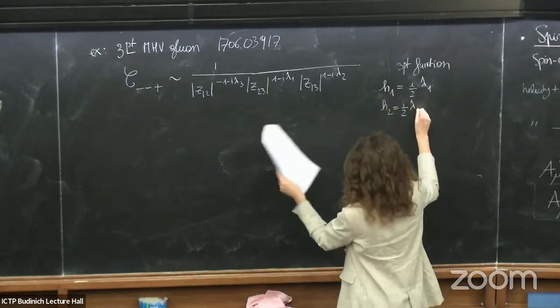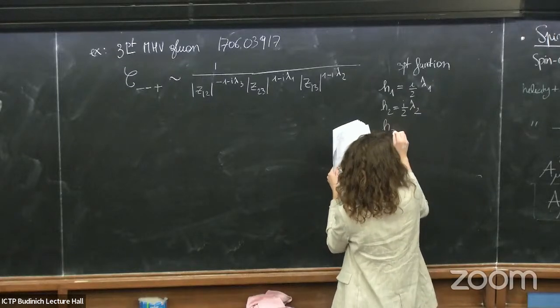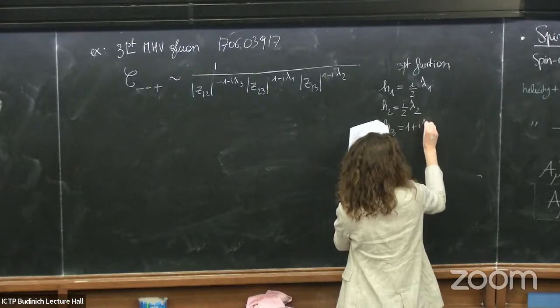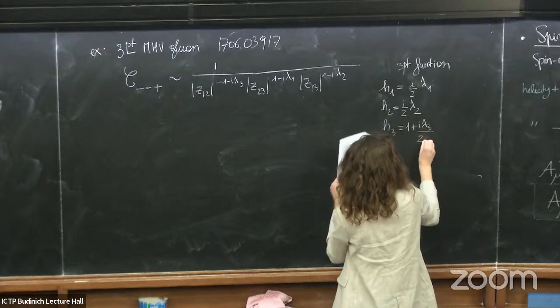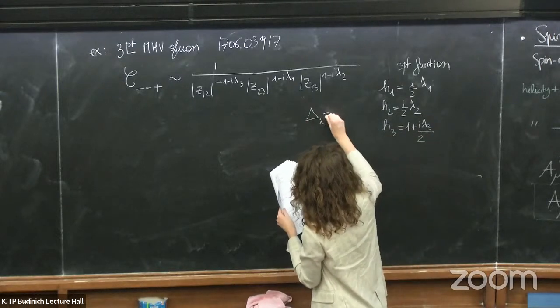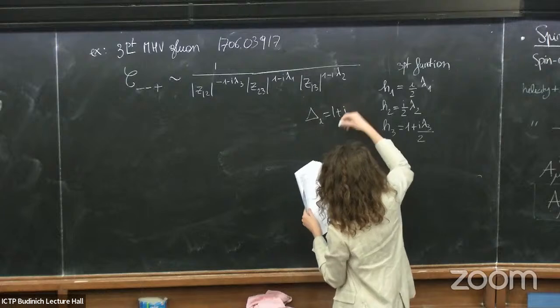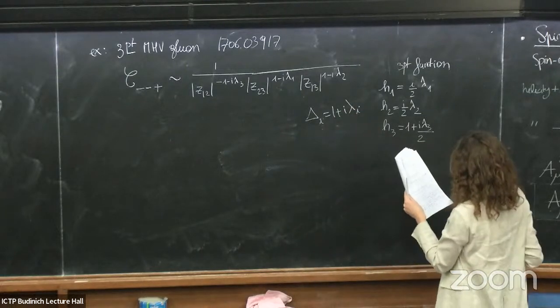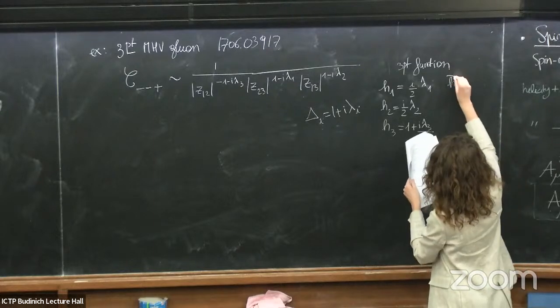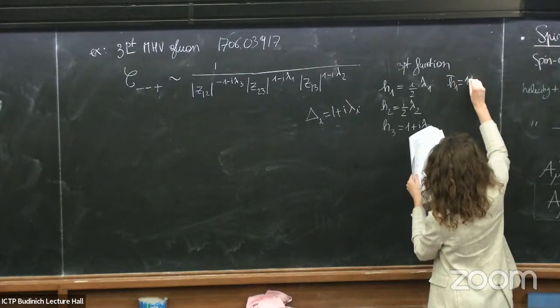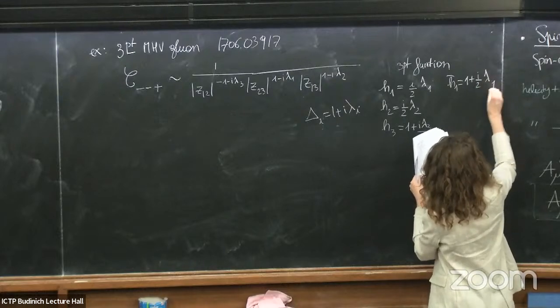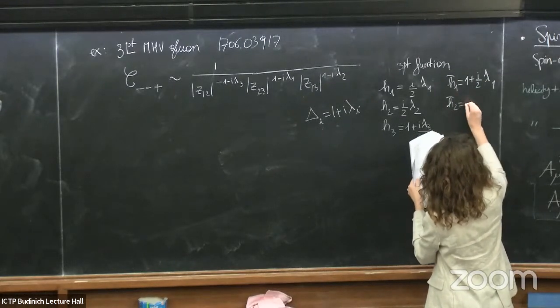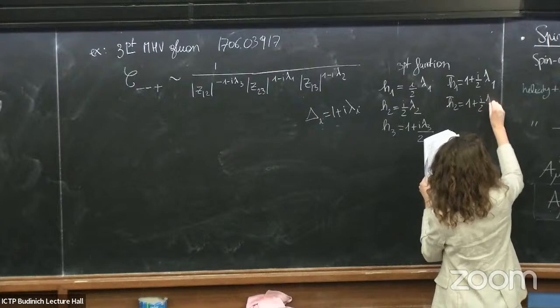This is the standard expression with definite weights, where these lambdas, remember that delta_i, here they are also lying on the principal series, and delta_i is 1 plus i lambda_i.